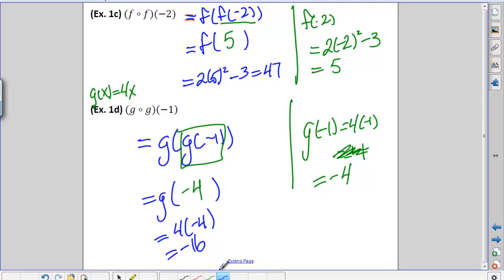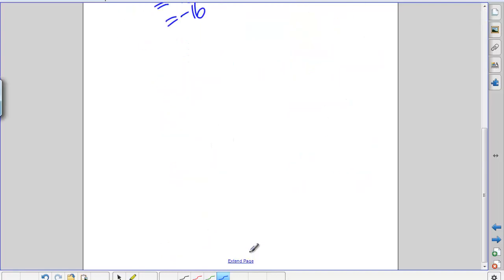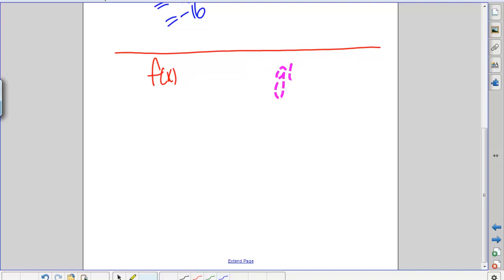So that is that. And there's kind of a concept here. This is a classic picture you'll see a lot of times. Say you've got f of x and you've got g of x, and you're wanting to do f of g of x, so you want to put those together.